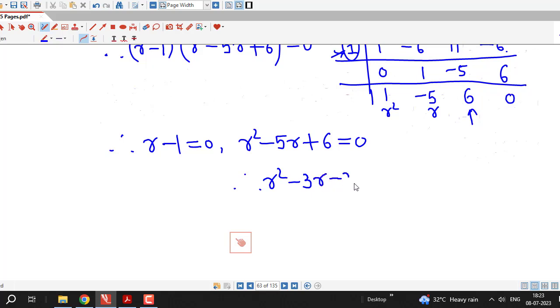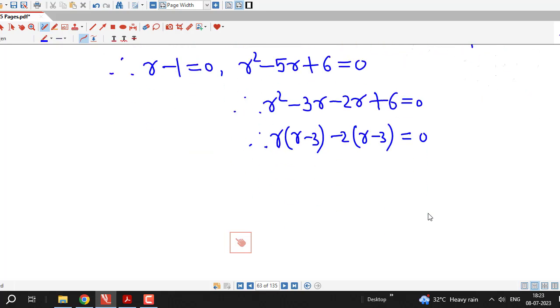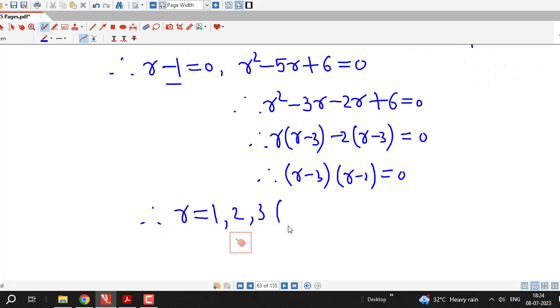This I can rewrite as r square minus 3r minus 2r plus 6 equal to 0. Here I take r common, here I take minus 2 common, and what I obtain is r minus 3 times r minus 2 equal to 0, and I have r minus 1 equal to 0.